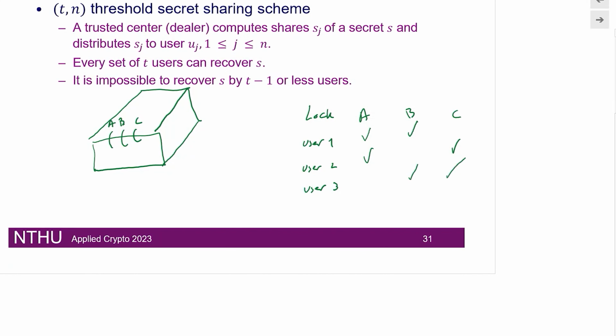Or users B and C are there, they can also open the box. So this is a scheme that we can define as at least t out of n users being present, and they can open the box together. This kind of scheme we denote as 2 out of 3 secret sharing.